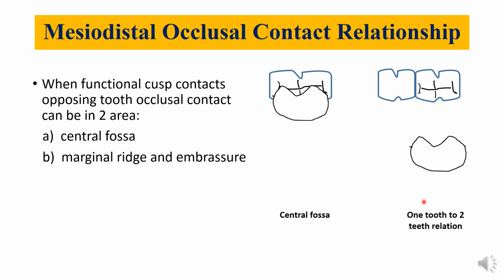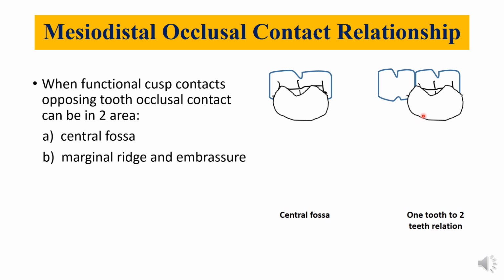Next is the marginal ridge and embrasure. In this case, when you occlude, they are occluding on the marginal ridges. Can you see? These are the marginal ridges of the tooth. And not only that, also onto the embrasure area. I'm very bad at graphics, so please forgive me for that. This is the embrasure area of the adjacent tooth.